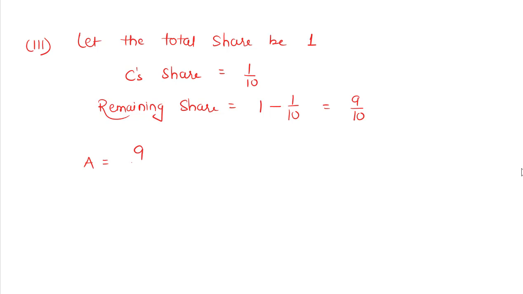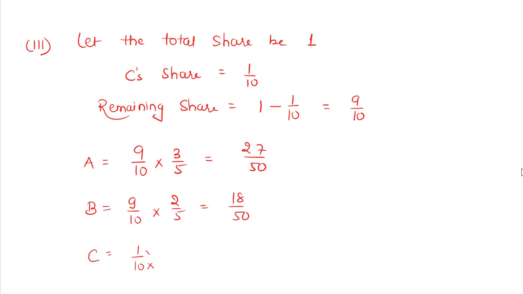A: 9 by 10 multiplied by 3 by 5 is 27 by 50. B: 9 by 10 multiplied by 2 by 5 equals 18 by 50. C is 1 by 10, so multiplied by 5 by 5, that is 5 by 50.